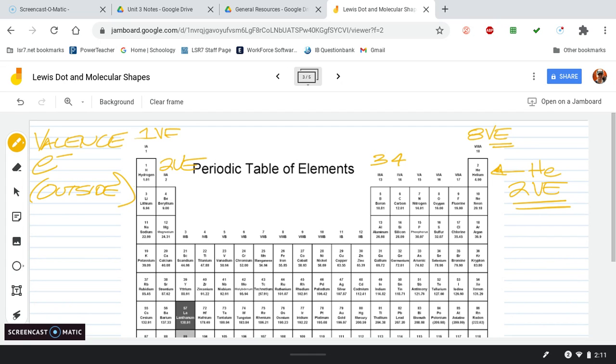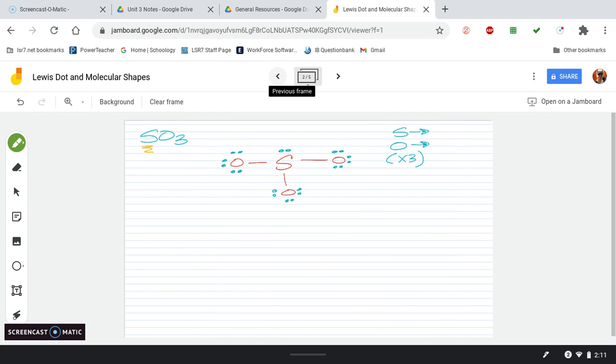So 3, 4, 5, 6, and 7. Okay, so we have to find oxygen, and we have to find sulfur. So here's oxygen. It's in column 6, and we'll look right below it. There's sulfur in column 6. So they're both going to give us 6 valence electrons. They're both going to give us 6 towards the total.